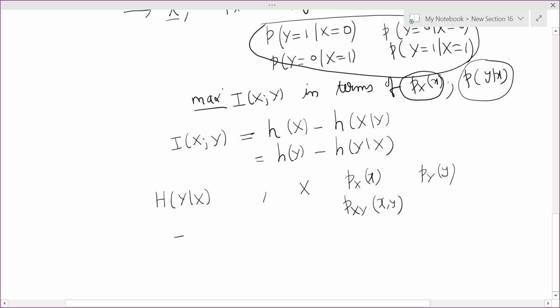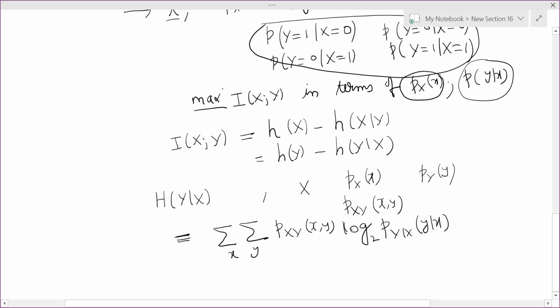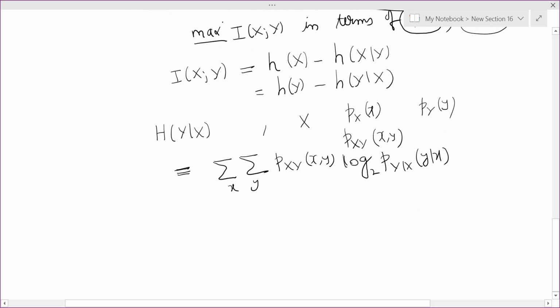In that case, this conditional entropy was equal to the summation over x and y of p_XY(x,y) times log of p_{Y|X}. If you remember this, you can go back to the notes and you will find it.